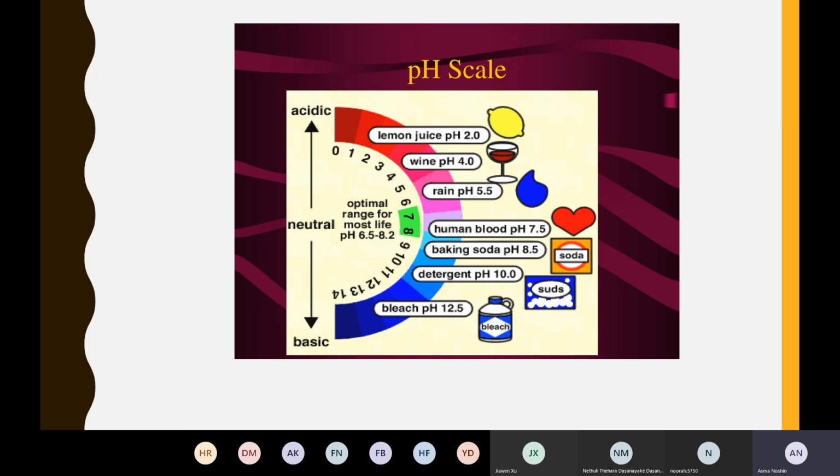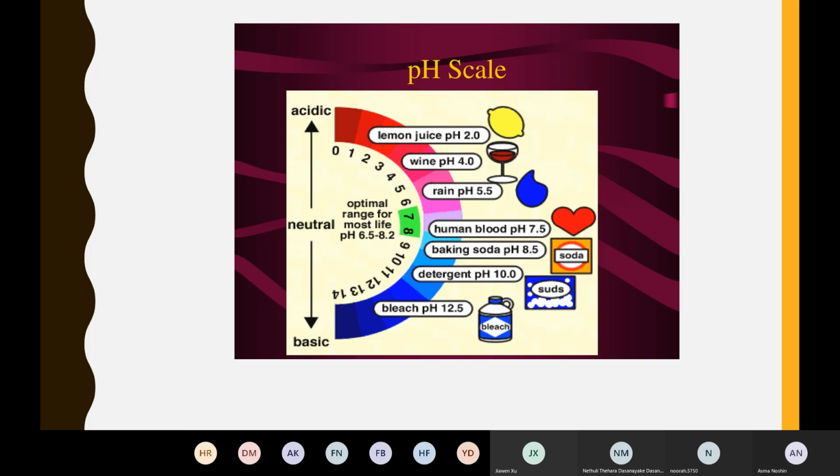So now if you go below 7, remember from 0 till 3, or from 0 till 3.9, you can say they are very strong acids. Okay, remember the range from 0 till 3 is very strong acid.